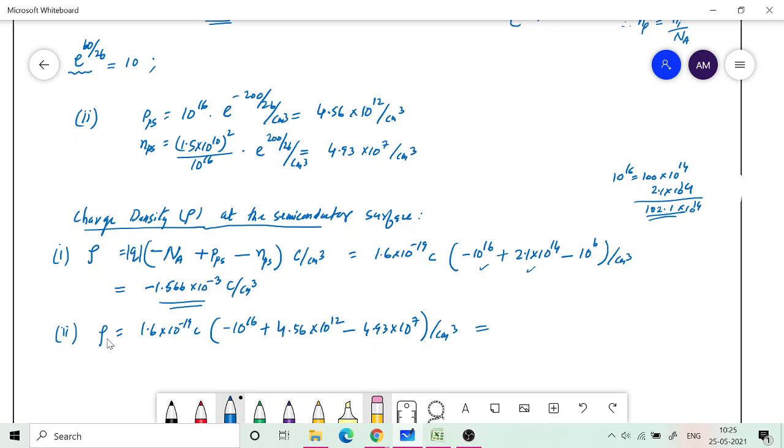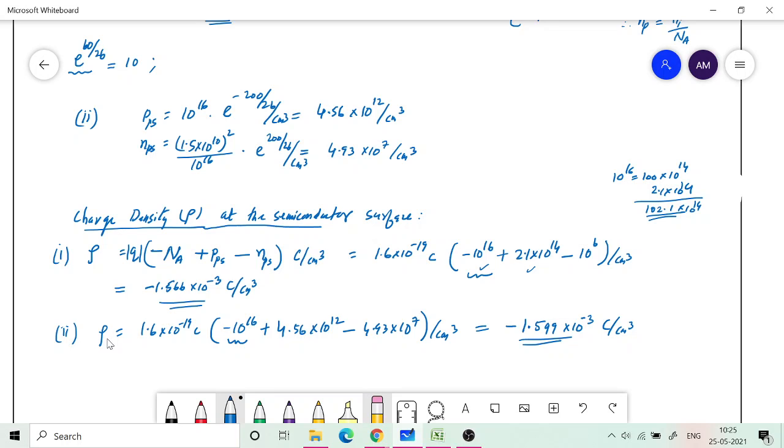So that will also come around minus 1.599 into 10 raised to minus 3 coulomb per centimeter cube. So when you compare the two values for 1 and 2, they are quite close, and they are actually dominated by this term.